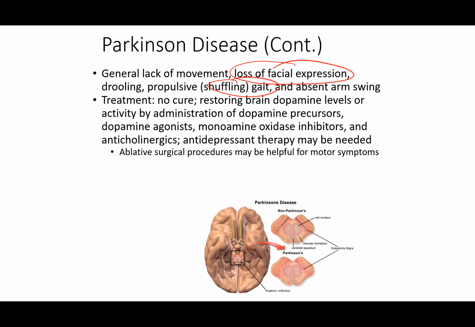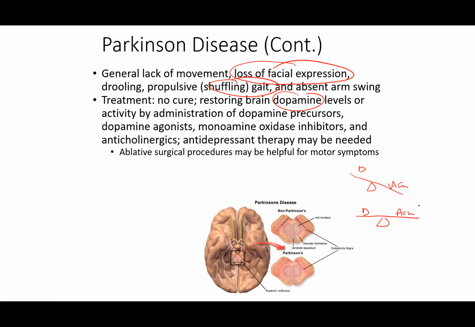Okay, we don't really have any cures for this, but we do have ways to try to help them. One way is by giving them dopamine, so you're getting those dopamine levels temporarily balanced. If you see videos or see this in real life, after they give a bunch of dopamine, a lot of their motor function goes back to normal or mostly normal.